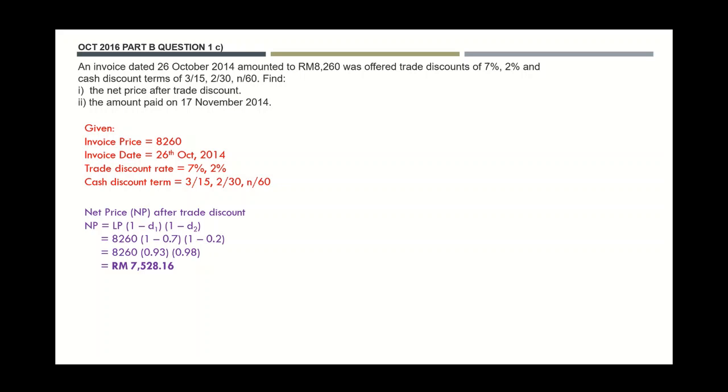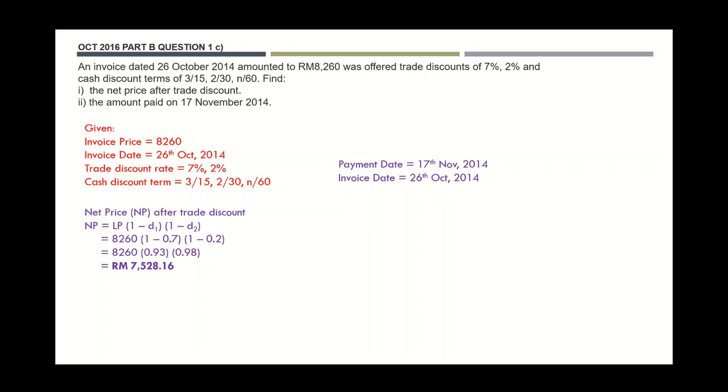The second part asks you to find the amount paid if payment was made on the 17th November 2014. So first of all, we are given that the payment date is on the 17th November and the invoice date was on the 26th October.